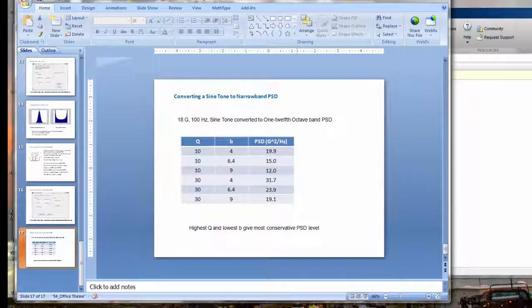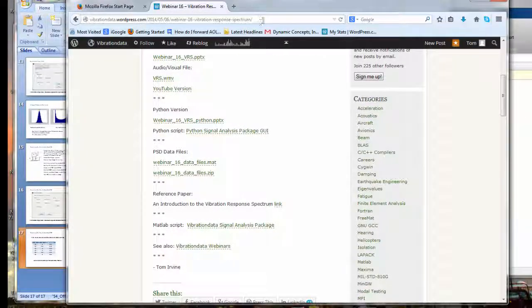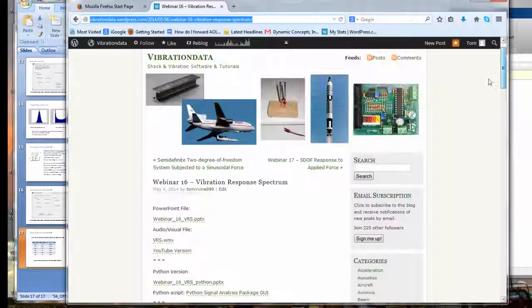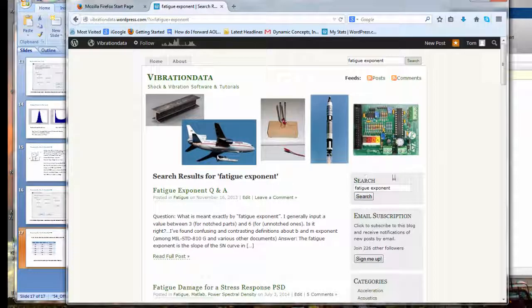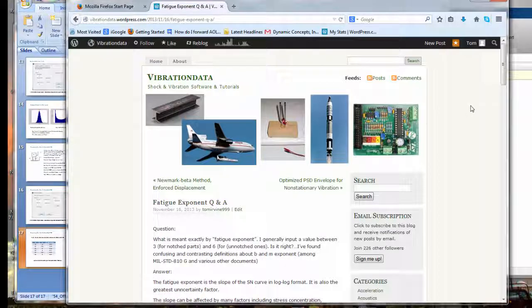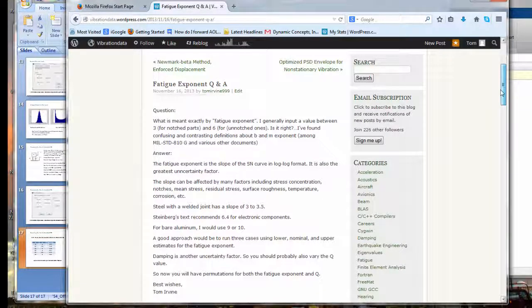I do have a little bit of information on fatigue exponents on my vibration data blog, but I have an action item to myself to provide you some further information. Now, the good thing about the relative damage calculations we were doing is that we did not need to know the whole SN curve. All we needed to know was the slope.